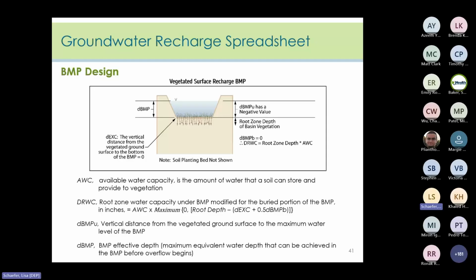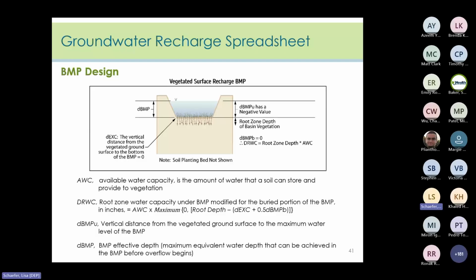The second input is the DEXC, which is the depth of the lower surface of the BMP. In plain language, it's the vertical distance from the vegetated ground surface to the bottom of the BMP. Now, in the present case, the vegetated ground surface is the bottom of the BMP, so DEXC equals 0. I'll get to the others where there's only vegetation adjacent to the BMP in a moment.